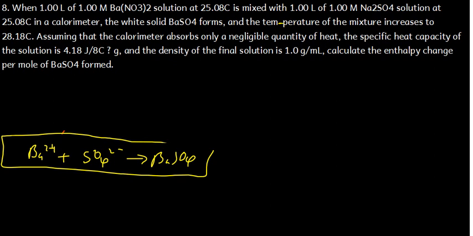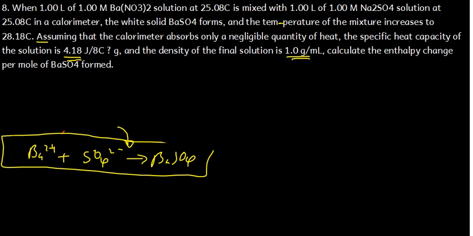Okay, now starting from here, assuming that the calorimeter absorbed only a negligible quantity of heat, that means the calorimeter itself, where the reaction happened, we take it as if energy wasn't lost. Okay, so the specific heat capacity of the solution, they are occurring in a solution of water, and so we are using the specific heat capacity of water, and also the density of water, which is 1 gram per milliliter.